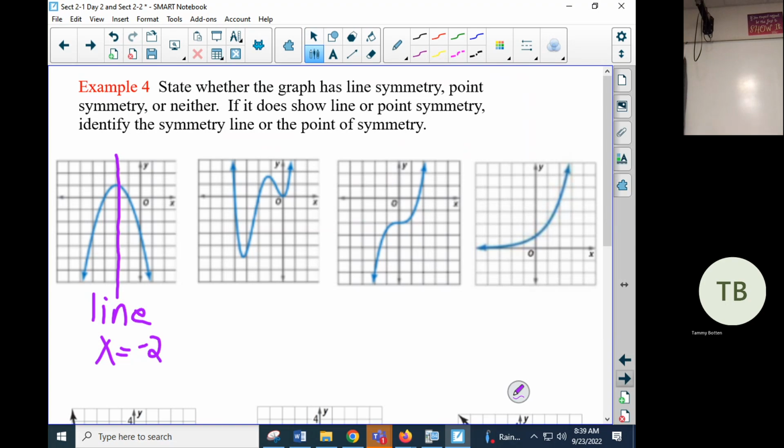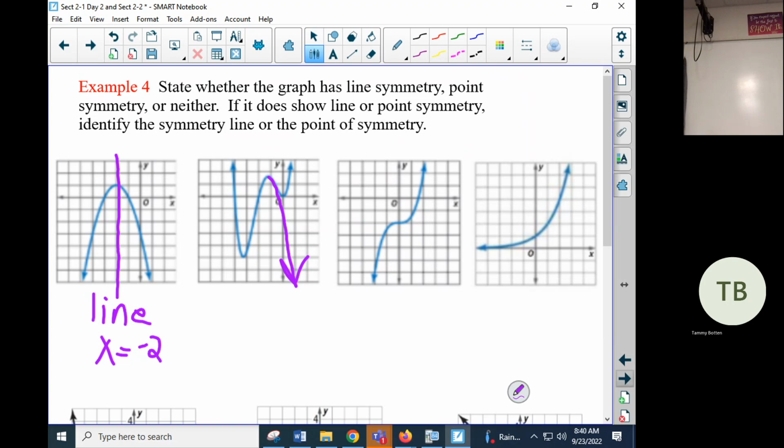All right. Now this one, do you see how it's not the same on both sides? You always want to try to cut it in half and see, is the shape the same on both sides? This one is not. If this went up and then down again, then you could look at, does it have symmetry? But this just does this wonky thing here.